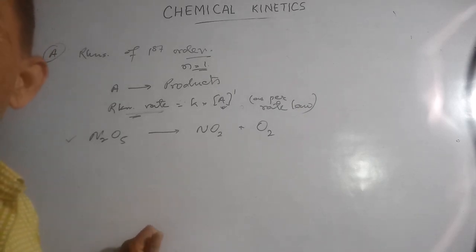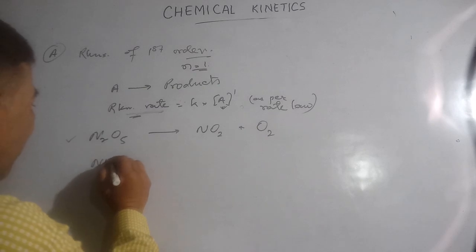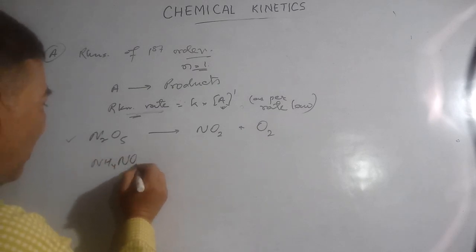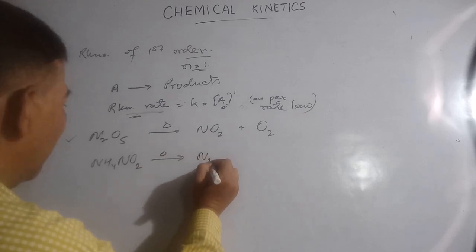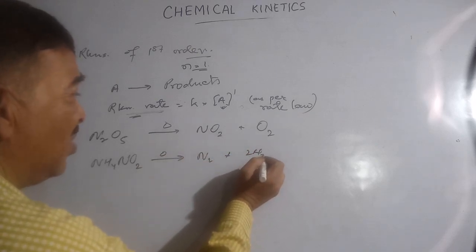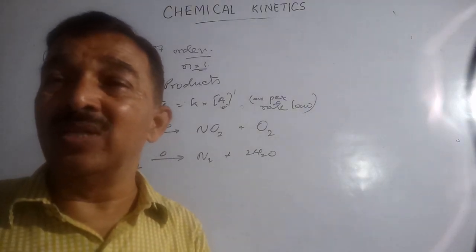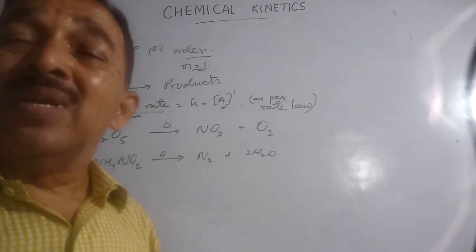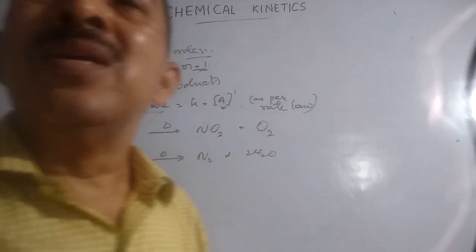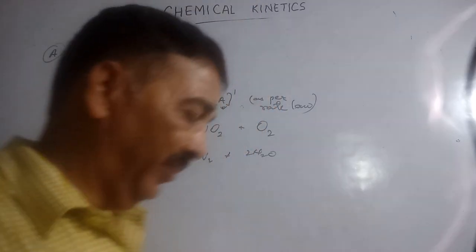Another one is ammonium nitrite, NH4NO2, which on decomposition gives N2 plus 2 H2O. Here also the order of the reaction, the value of n, is 1. Then coming to order of the reaction 2, or reactions of second order.